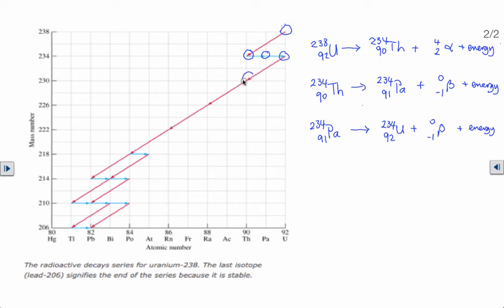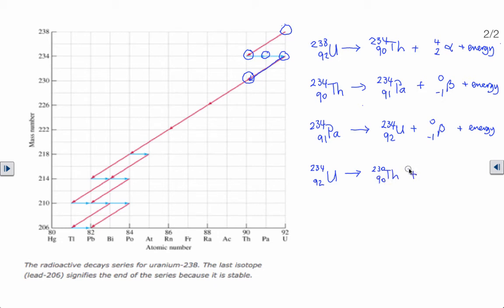We can continue. The next step is from here to here. So we start with uranium 234, and I think by now you should see the pattern and what's happening. And we end up at thorium, atomic number 90, and mass number 230.